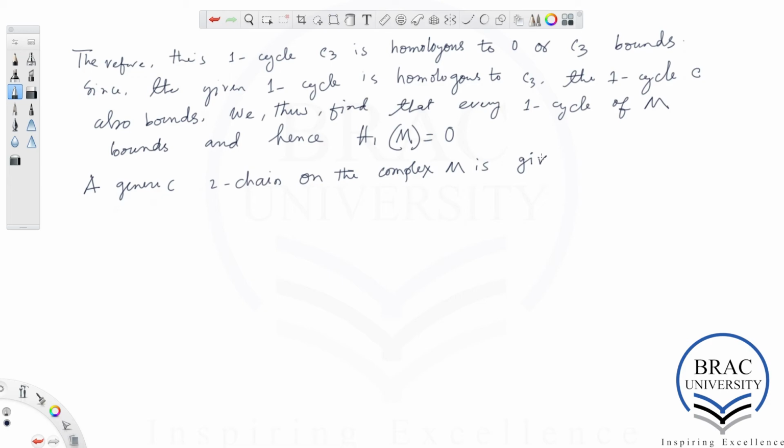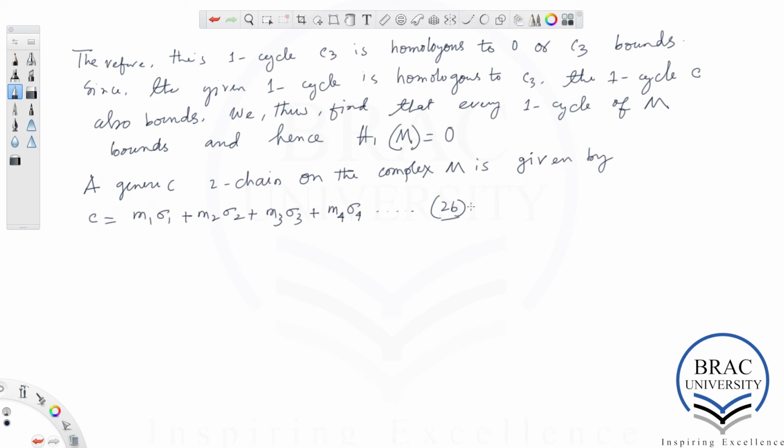So a generic two-chain on the complex M is given by C is equal to M1 sigma 1 plus M2 sigma 2 plus M3 sigma 3 plus M4 sigma 4. This is equation number 26. Okay.